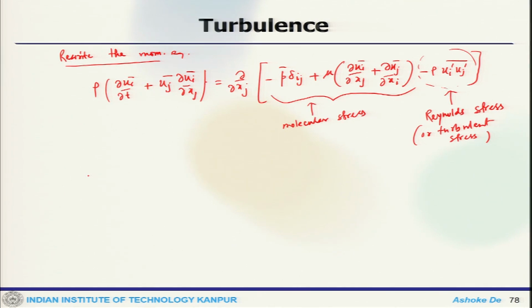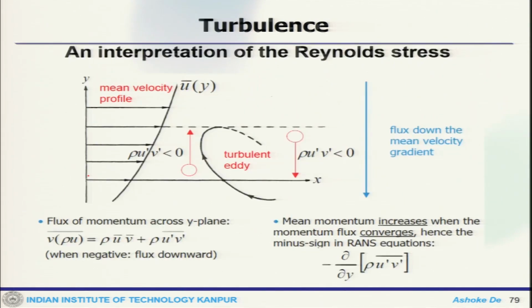Now, one can also interpret this physically. You can have a velocity profile like this, and your fluid particle may go from here to there. When you go there, your mean velocity increases, so mean momentum also increases.